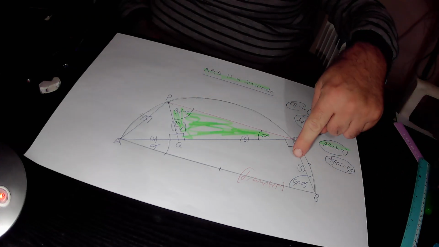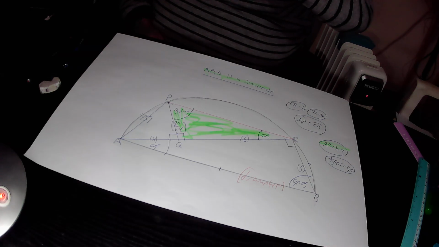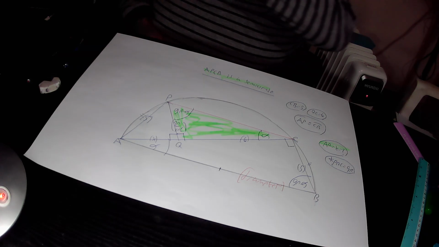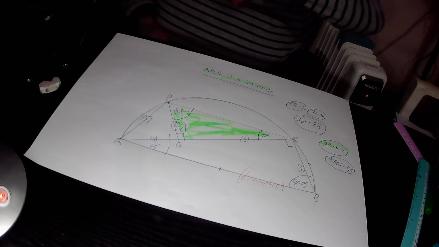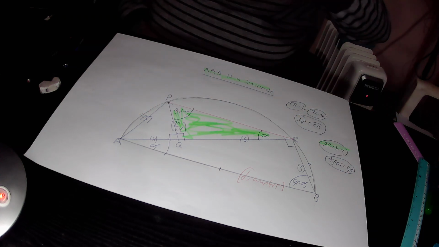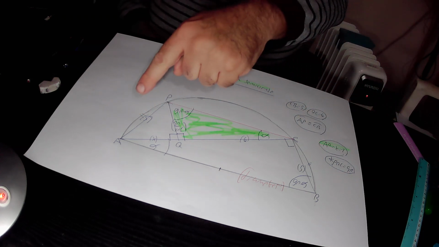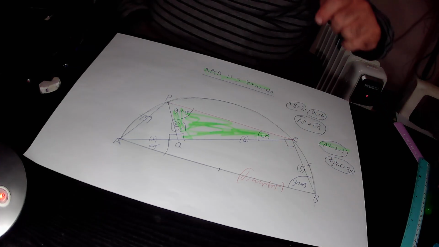Triangle ACB subtends the diameter AB of this semicircle, and we know that any triangle that subtends the diameter of a semicircle or circle must be equal to 90 degrees. Therefore, the angle at C of triangle ACB that subtends the diameter AB must be equal to 90 degrees in size.